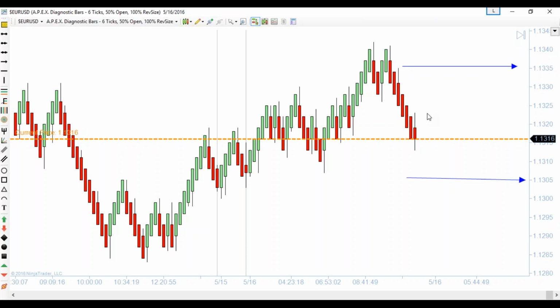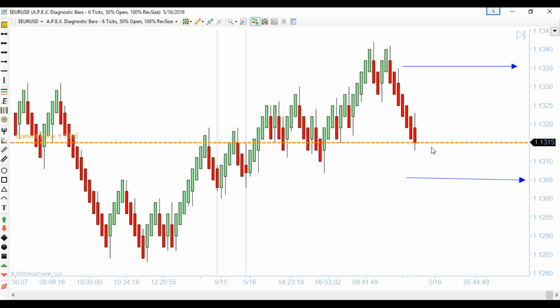So do you really want to get greedy and worry about the few times where it might not come back? Or do you just want to have a strategy with clear entries, clear exits, clear stops, and be consistent about risking 10 to make 50? I think I like those odds. I'd rather stick to it, be disciplined, and get out if I need to get out. You guys agree?